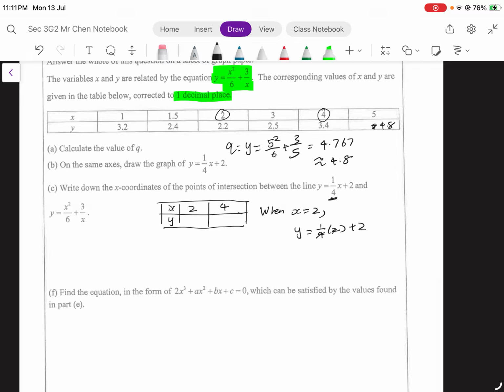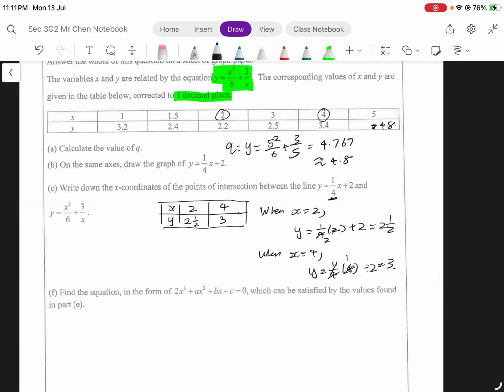So divide, you should get 2.5. Then when x equals 4, y equals 1/4 of 4 plus 2, this whole thing cancels, equals 3. So you should have 2.5 and 3.